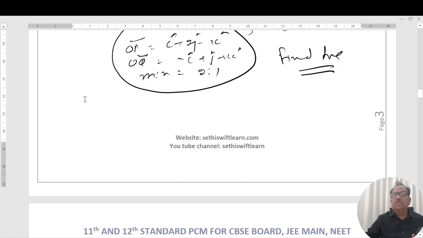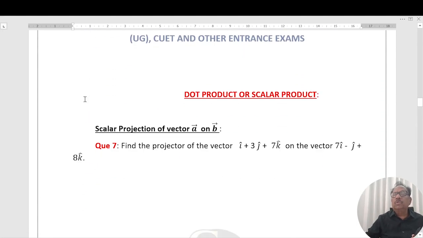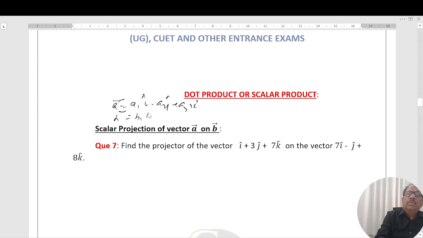Now let's start the next question. The question is based on the dot product or scalar product. Let two vectors be: a vector is a1 i plus a2 j plus a3 k, similarly b vector is b1 i plus b2 j plus b3 k. Then the dot product a dot b is equal to magnitude of a, magnitude of b, cos theta.